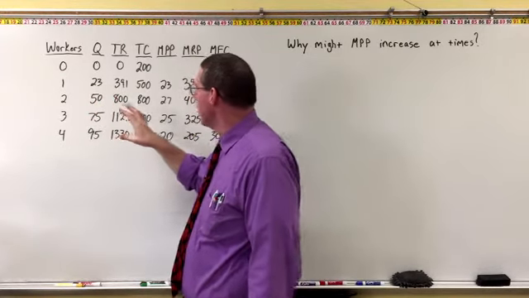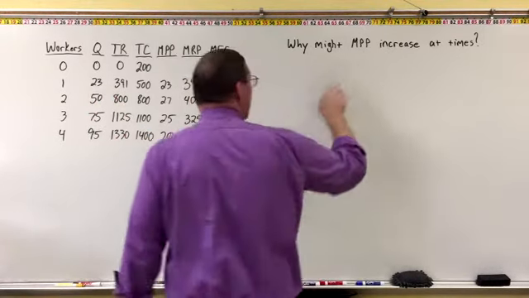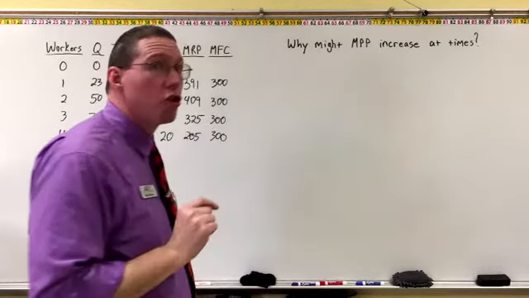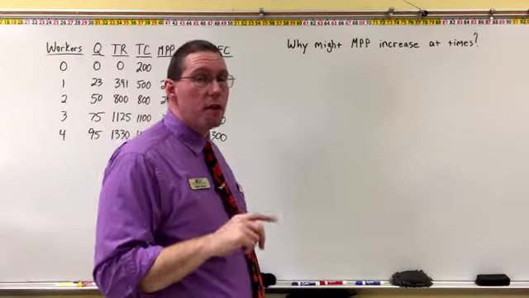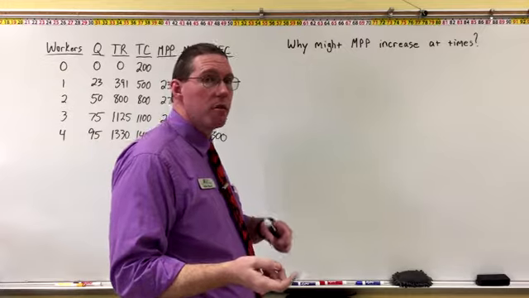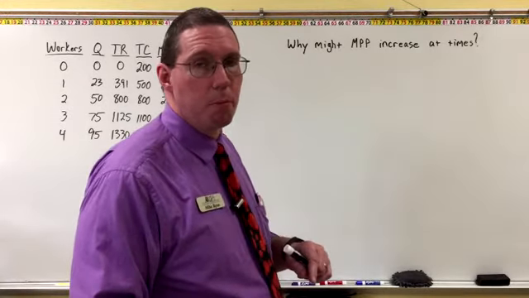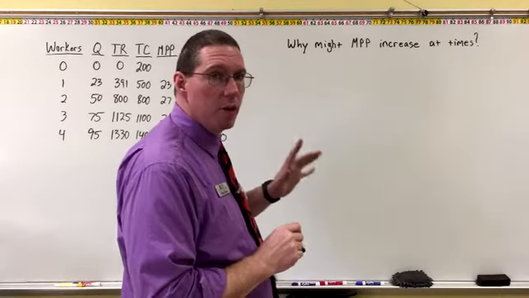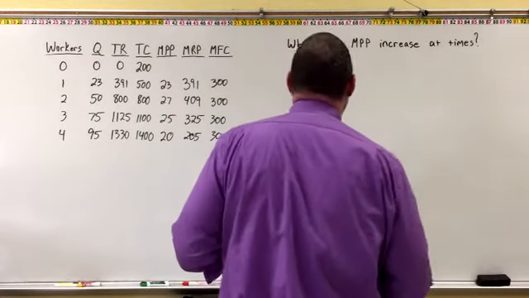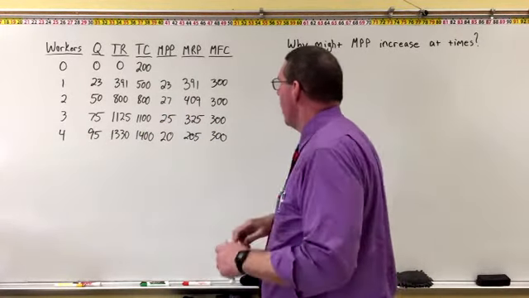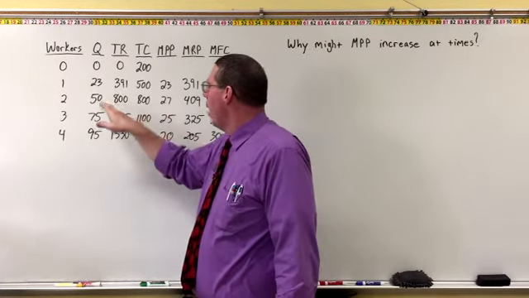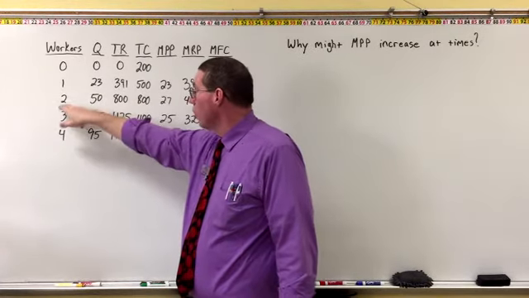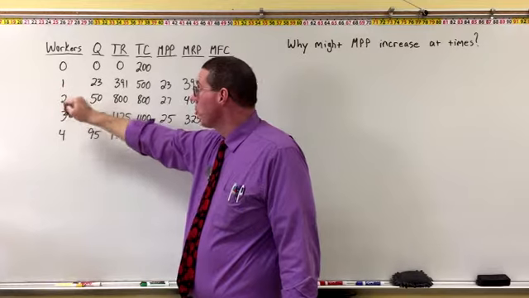So the question is, why might marginal physical product increase at times? What you're going to see, and we're going to answer this next, is why marginal physical product tends to decrease. But sometimes it goes up, and that's a little curious. Is it that the second worker is just better than the first worker?